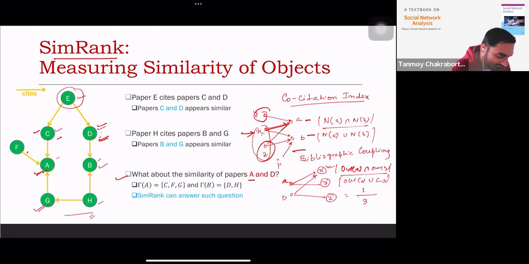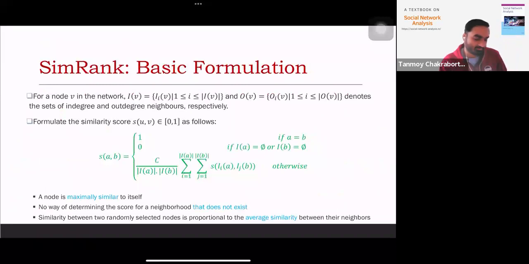The idea is that the similarity between A and D is the similarity of E and C plus the similarity of E and F and so on, because C and F are A's neighbors and E is D's neighbor. So the similarity of A and D is the similarity of A's neighbors and D's neighbors. That's the idea. Let's formally define it.